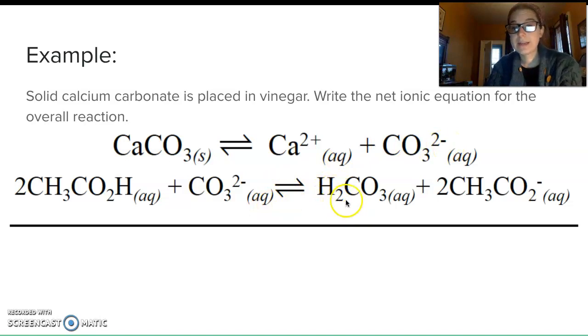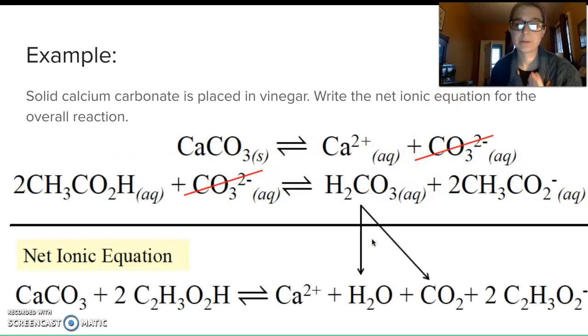That will form H2CO3, again that carbonic acid, which will break up, and then 2 acetate ions. If we balance this equation, you'll notice that the carbonate ion will cancel out. So we end up with CaCO3 plus 2 CH3CO2H, yielding Ca2+, H2O and CO2 that comes from the carbonic acid, plus 2 CH3CO2-.